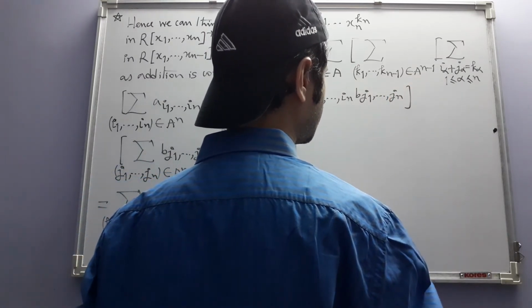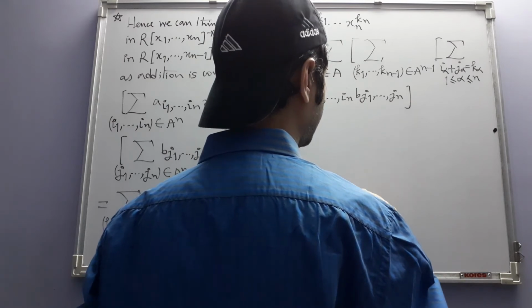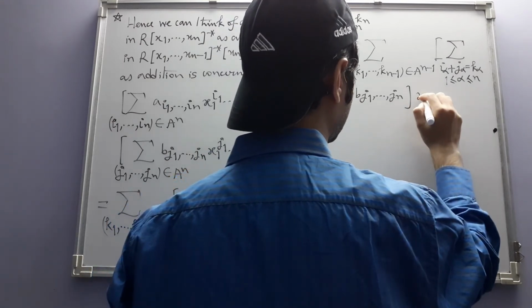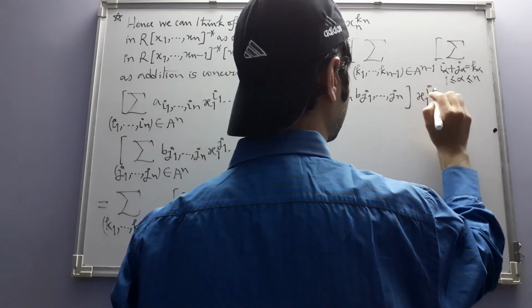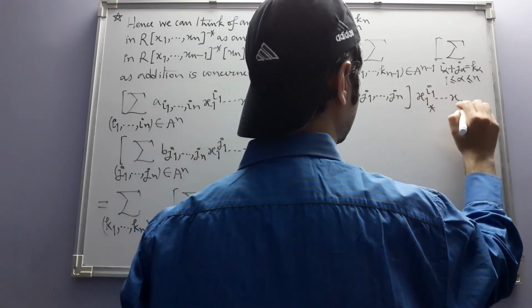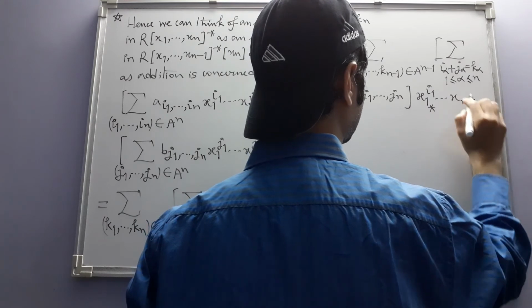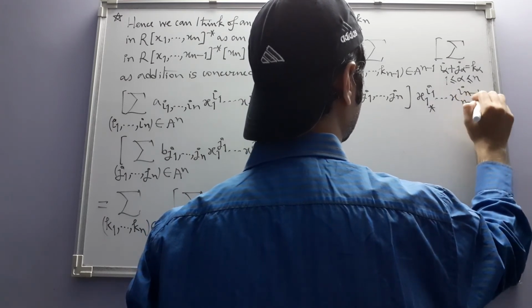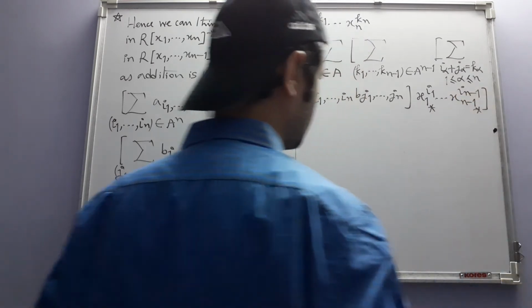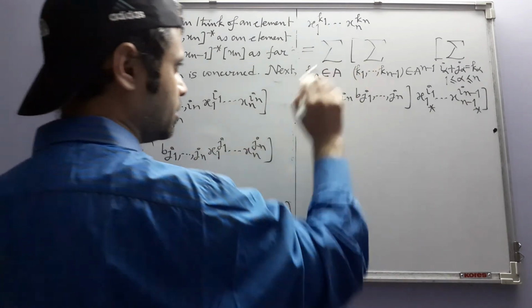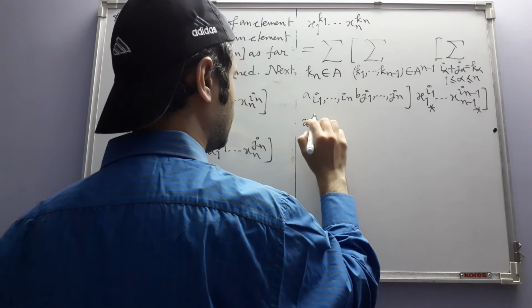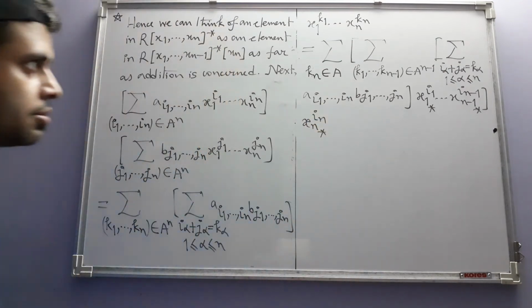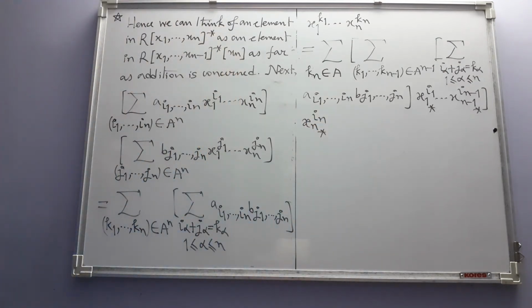Close this summation, and close that summation, the intermediate one, and outside we have this.